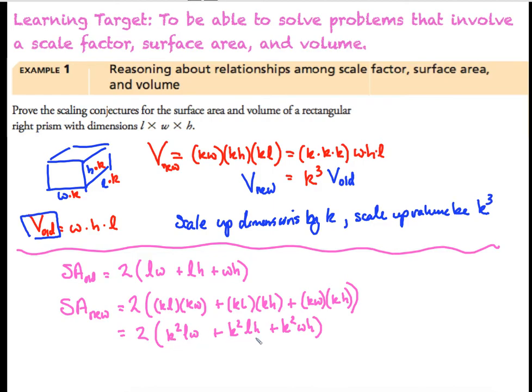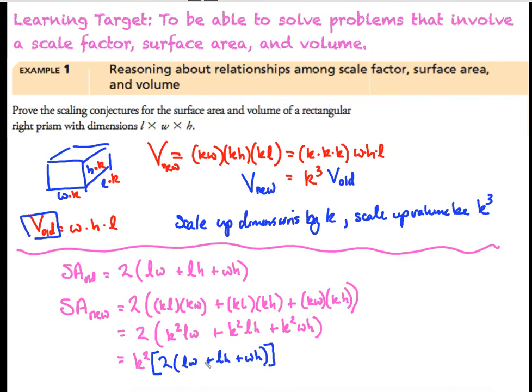There is a common factor of K squared here, so I'm going to factor that out all the way to the very front, because I want to show you something. What we're left with if I factor out that K squared is 2 times, what would be left in here? Well, we'd have LW plus LH plus WH.